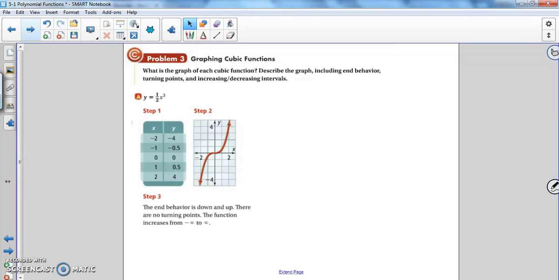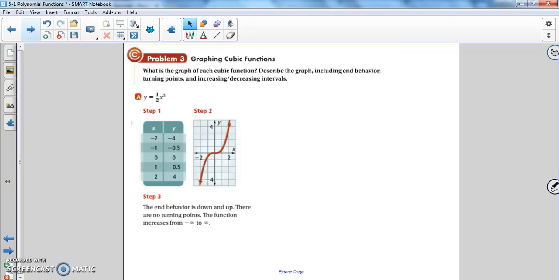Okay, we are going to graph a cubic function. In order to do this, we are going to make a table of values. We have y is equal to 1/2 x cubed. When you have a cubic function, it's easiest to make a table from -2 to 2.